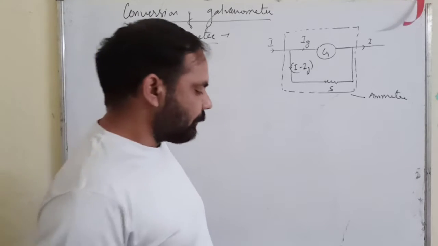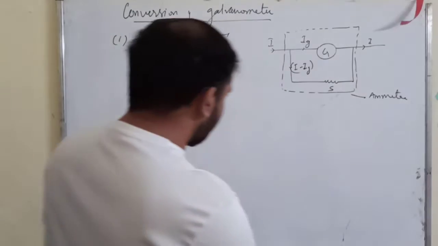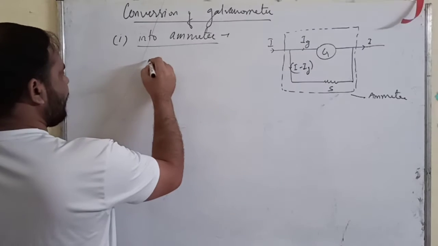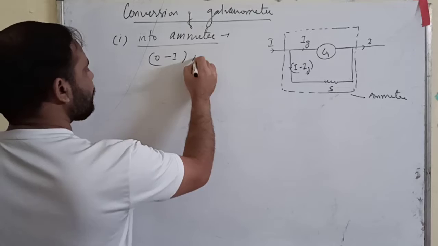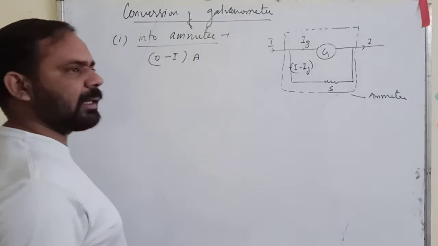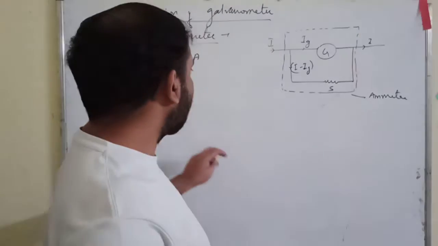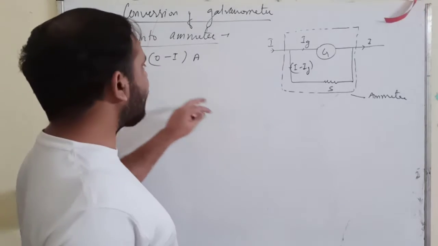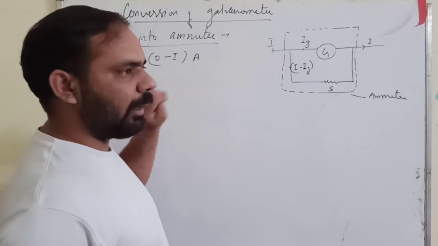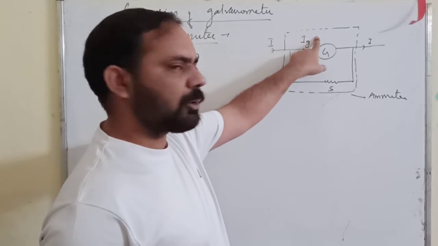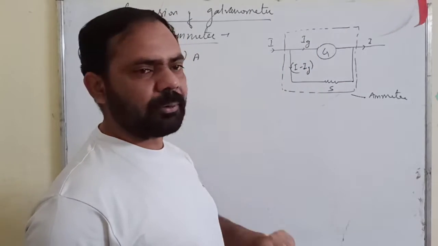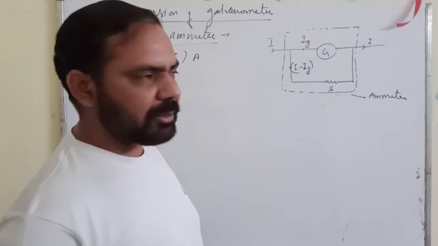Now, suppose we want to design the ammeter to measure 0 to I amperes. I can be anything, suppose like 3 amperes or 5 amperes. We want to design an ammeter that can measure from 0 to I amperes. Then I current is coming. Ig will pass through the galvanometer and the remaining part will go through S, the shunt resistance.